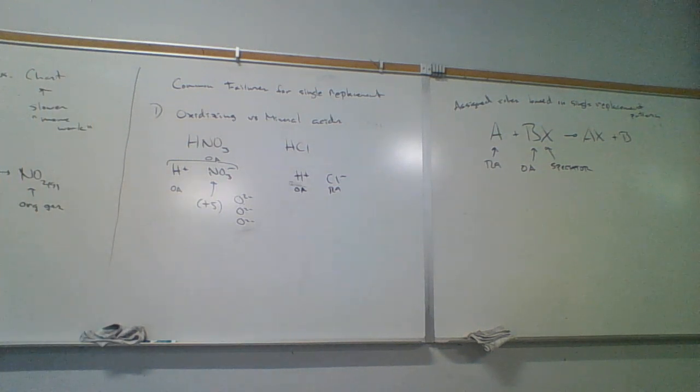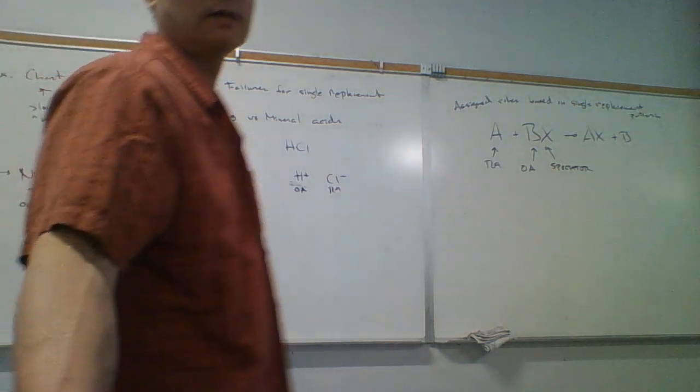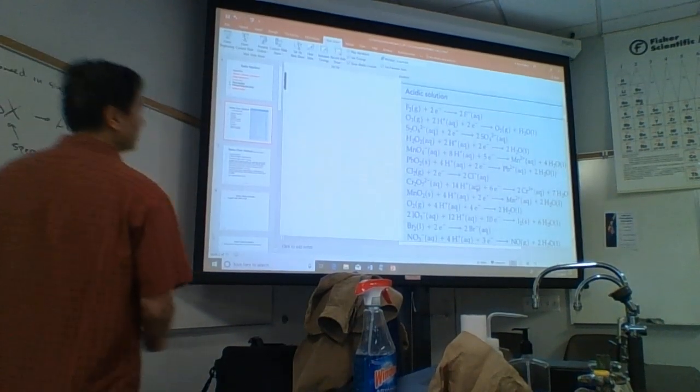So what are the other oxidizing acids that we might be concerned with? Well, there are some big ones. Can you think of a big oxidizing acid? Well, things like this, maybe something like this here.